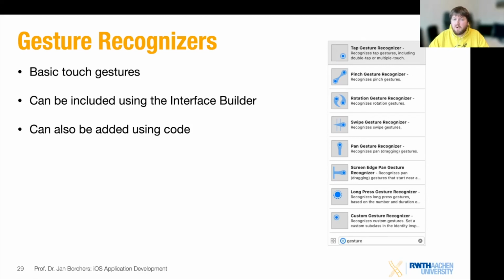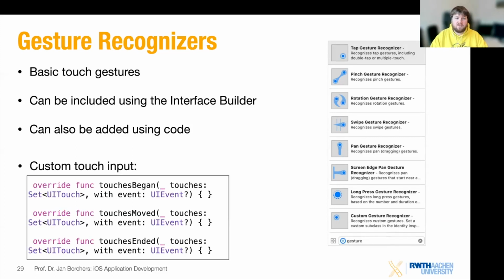But if you want more complex gestures to react to, for example, if the user is drawing a Z or squiggly line on your screen, then you can also directly access the touches. There are a couple of methods that UIView already hands to you. If you override, for example, touchesBegan, you get all the new touches that are detected.